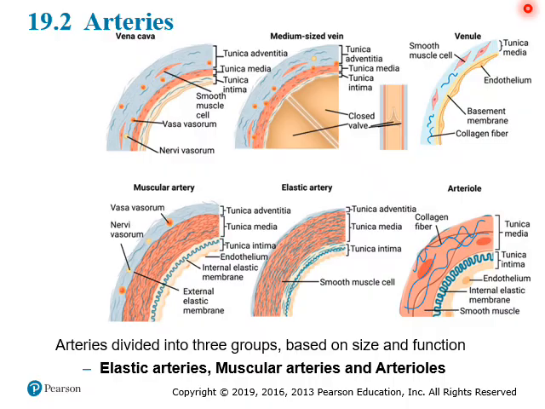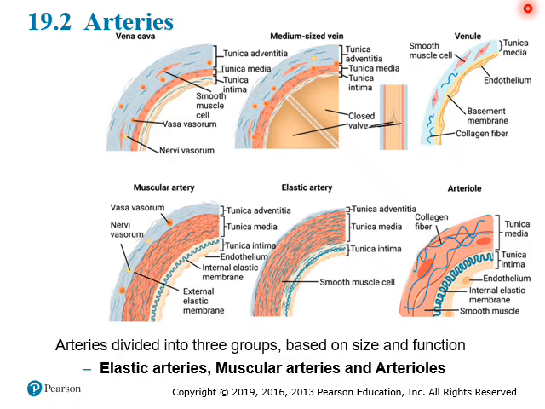Then we have the smallest of all the arteries, which we call the arterioles. The larger arterioles contain three layers, while the smaller ones are mostly a single layer of smooth muscle surrounding endothelial cells. These control the flow into the capillary beds via vasodilation and vasoconstriction of smooth muscle.